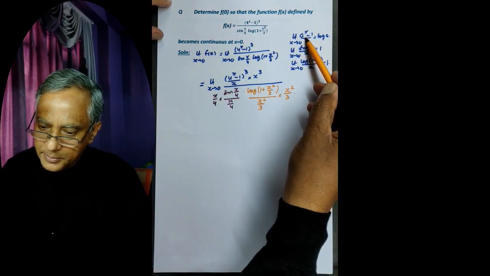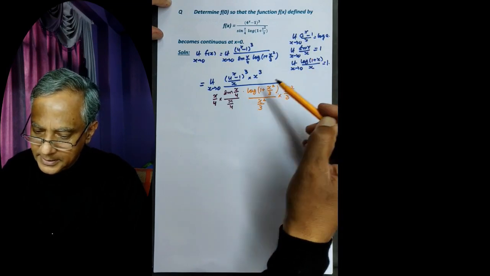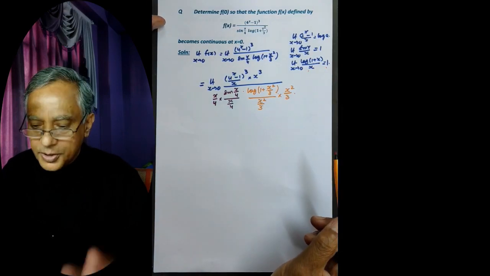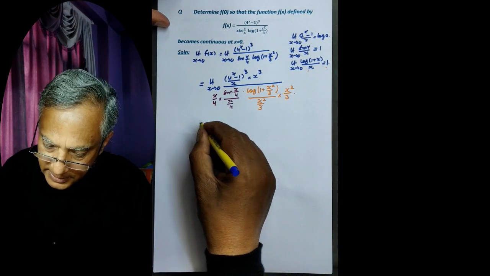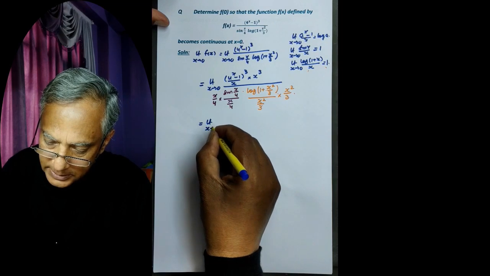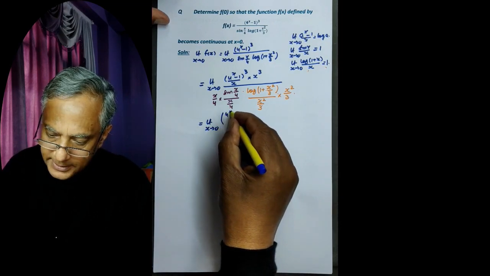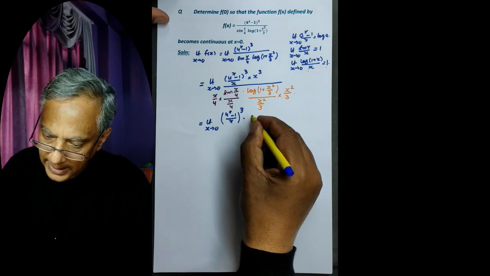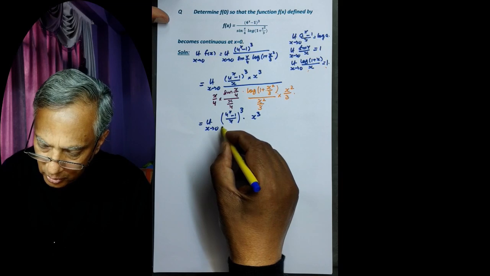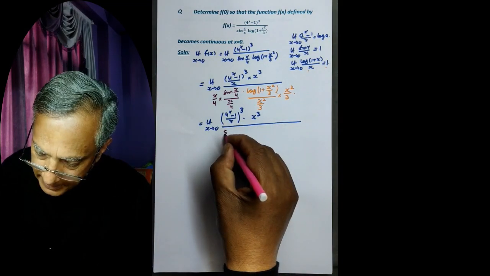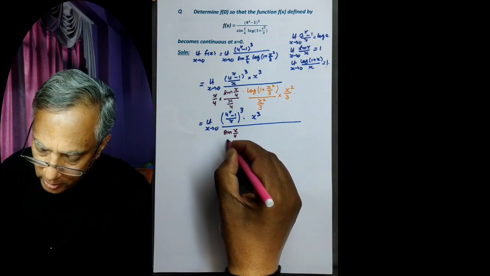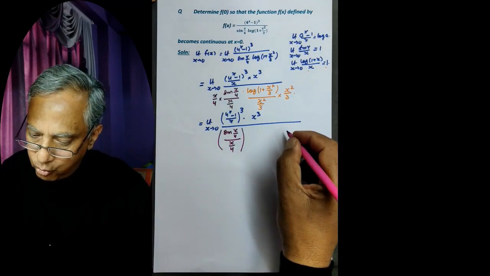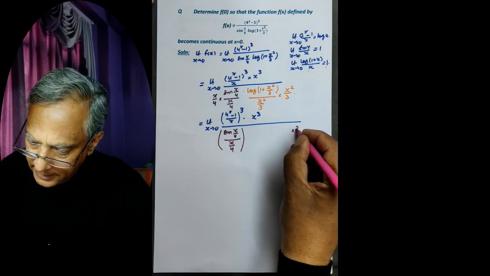This has been changed into this formula. This has been changed into this. This has been changed into this. Now the question will be solved. This is equal to limit x approaches 0 of (4 to the power x minus 1 over x) whole cube into x cube divided by sine x by 4 divided by x by 4, and x by 4 has been adjusted here.